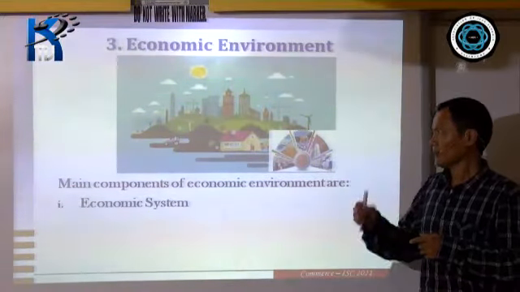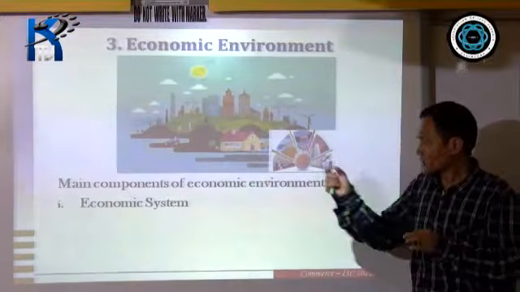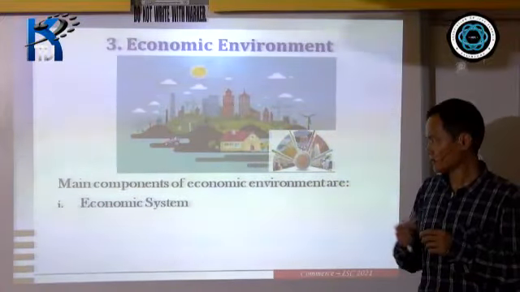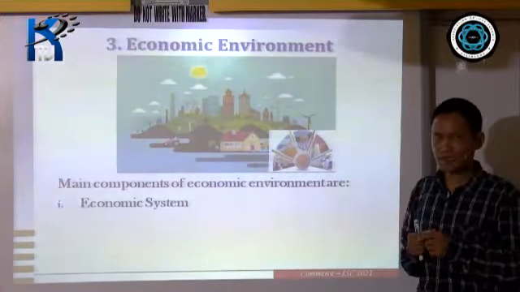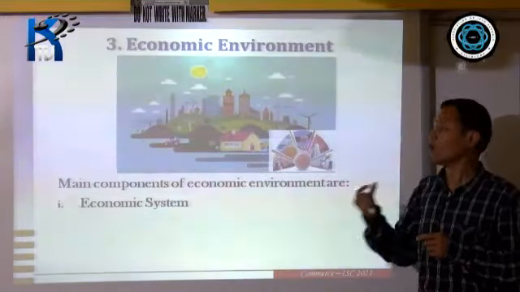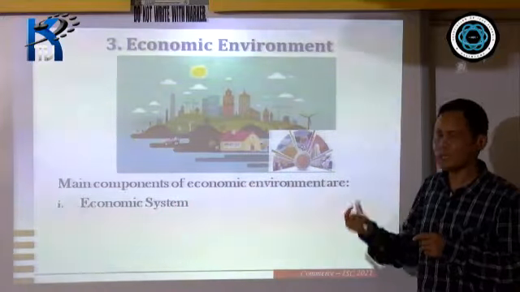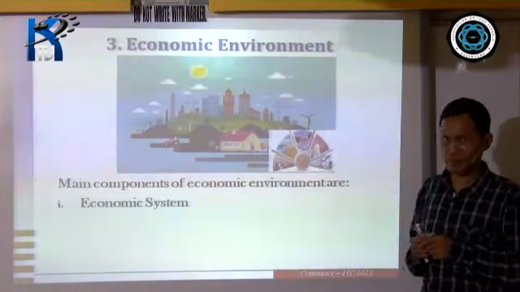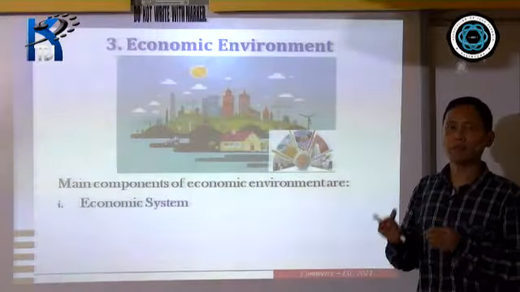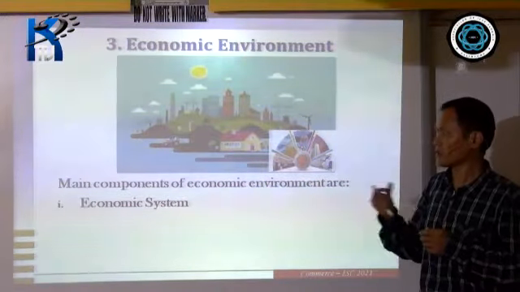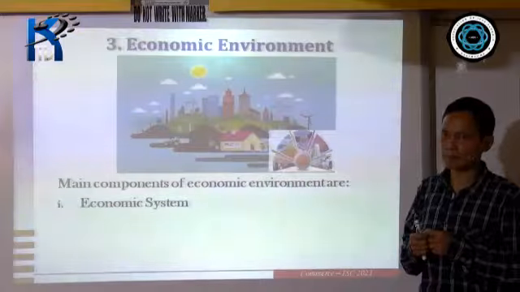The other one is a socialistic economic system, that is the planned market where the government will have more control on the factors of production and distribution, and the price will be set by the government. And the third one is the mixture of the two, that is the mixed economy.